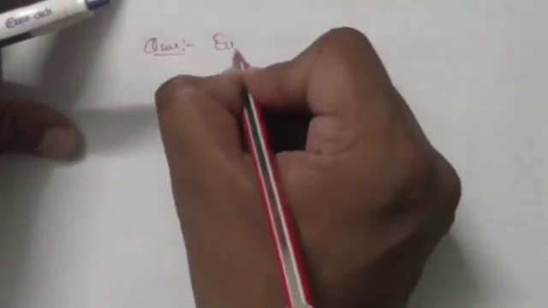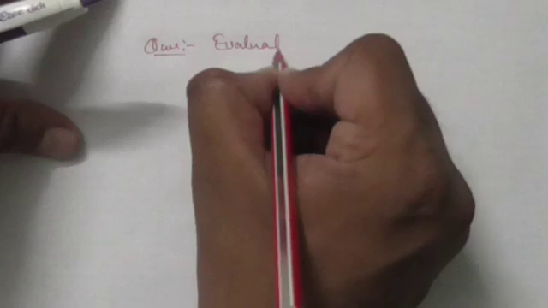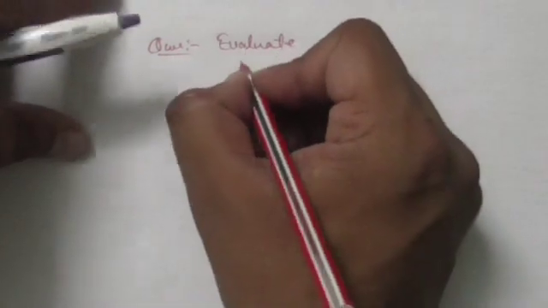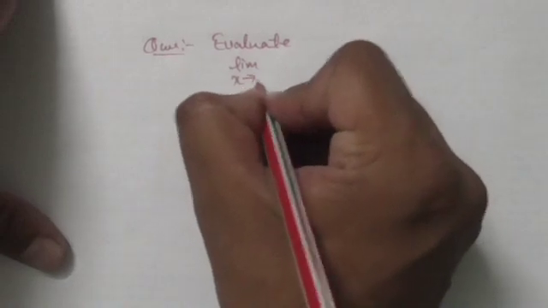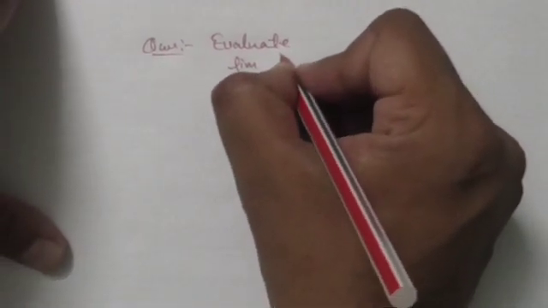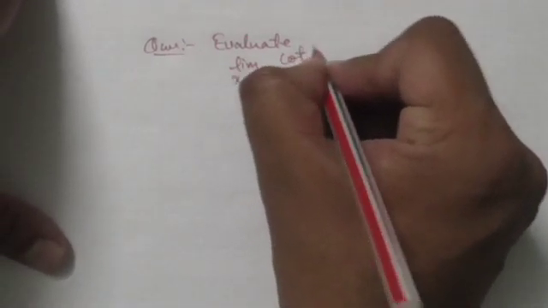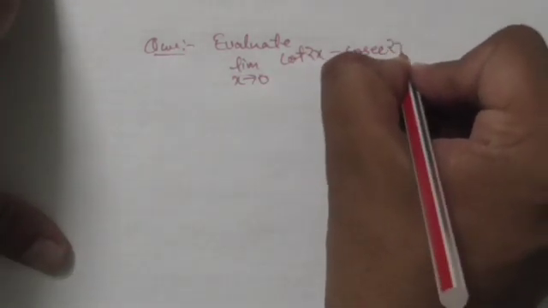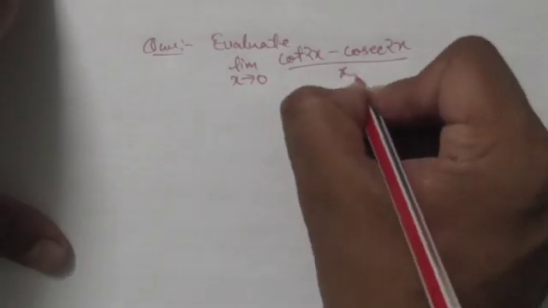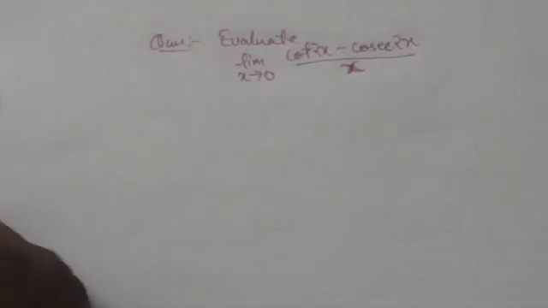Now we have to evaluate limit x tends to 0 cot 2x minus cosec 2x upon x, right?